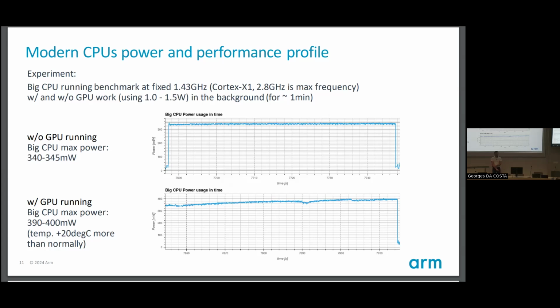And then when the GPU is running some code and drains roughly 1.5 watt, it heats up the whole silicon. And you can see in time that this power is a rising function. So it's not flat anymore like on the top plot, it's impacted by this leakage. So the total power can be different.